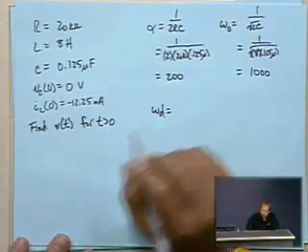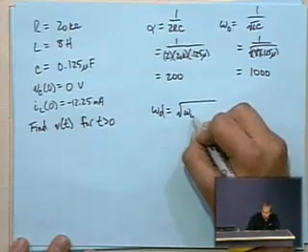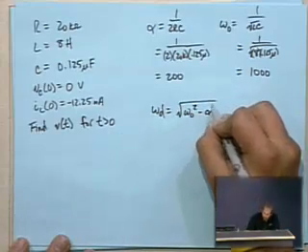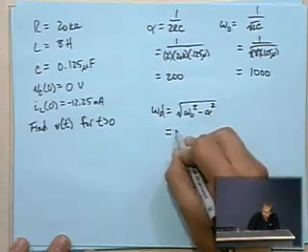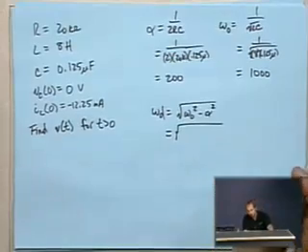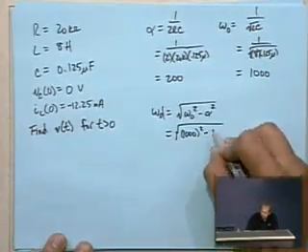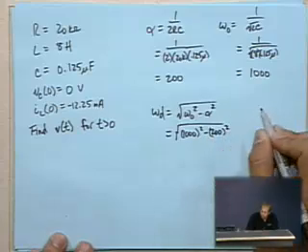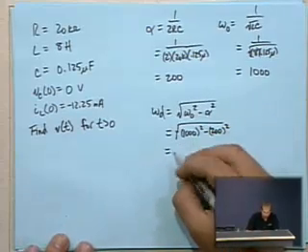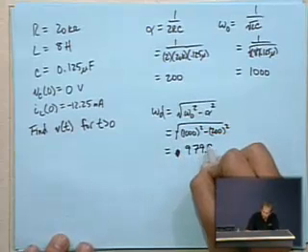What we will solve for is that term omega d, which is the square root of omega naught squared minus alpha squared. So that is the square root of 1,000 squared minus 200 squared, and that gives us approximately 979.80.